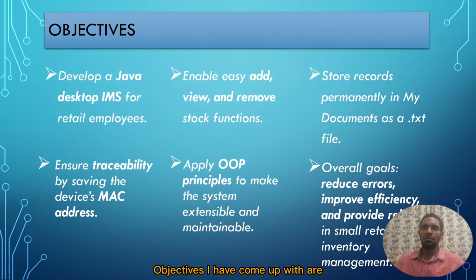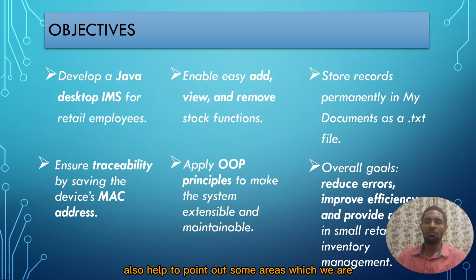Here are a few objectives that will also help to point out some areas we have to achieve. First, build a desktop IMS for retail employees. Second, enable easy add, view, and remove stock functions. Third, store records permanently in My Documents as a txt file.